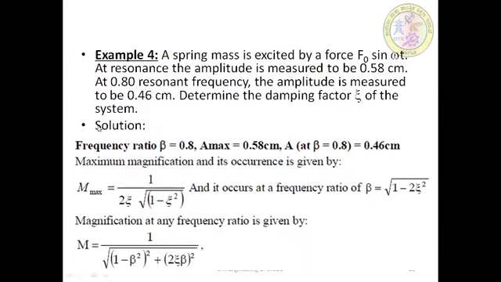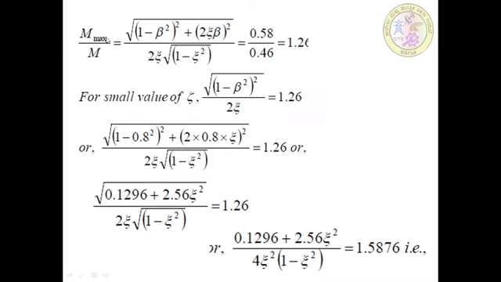M max is known to us, M is also known to us, so you divide one over the other so that you have M divided by M max. You substitute these values as well as the denominator values, and you will get 1.26 for small damping ratios. So square root of (1 minus beta squared) whole squared by 2 chi is equal to 1.26.